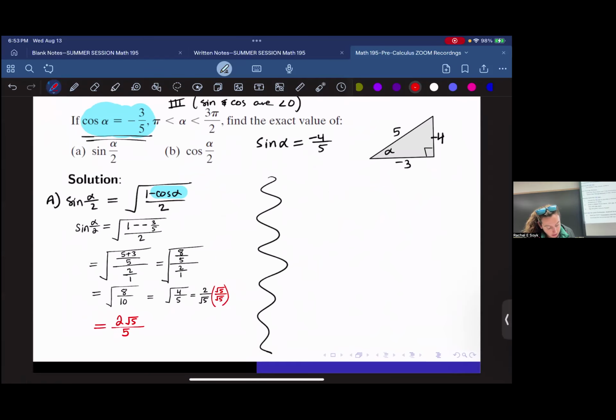Again, our theta is in that third quadrant. And so theta over 2, half of the angle should be negative.